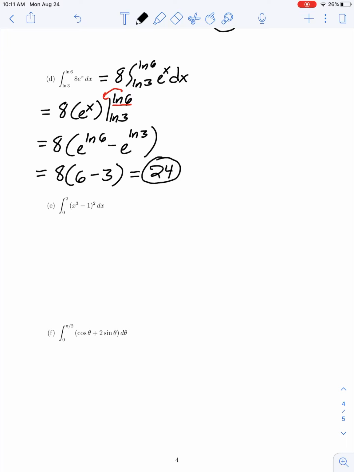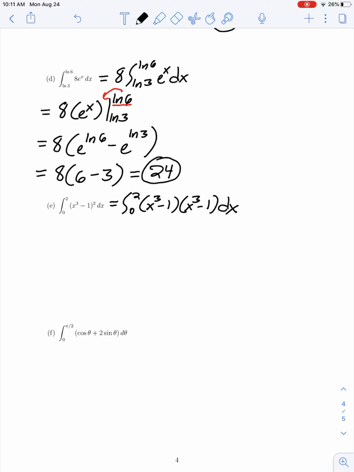So how can we do this? Well, one way would be to think about the x cubed minus 1 squared as a product. Squaring x cubed minus 1 is simply multiplying x cubed minus 1 by itself.